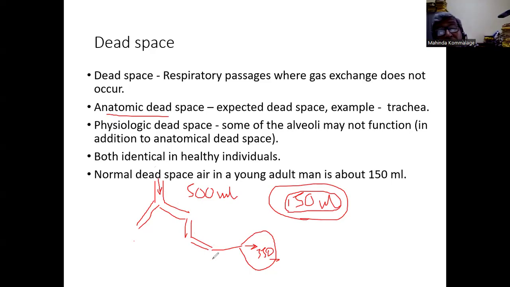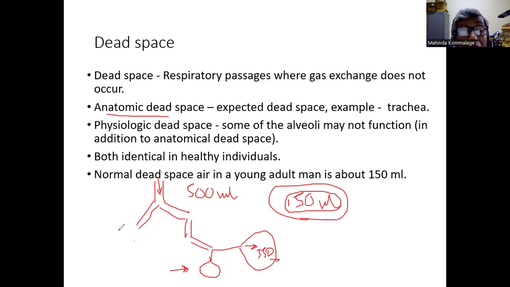But sometimes some alveoli collapse, or some alveoli will not get blood flow. If there are alveoli that do not get blood flow, they also will not contribute to gas exchange. So this anatomical component plus some extra dead space will be there in some disease conditions.